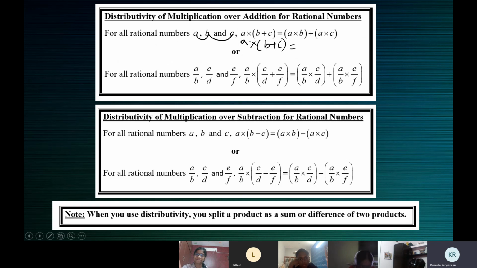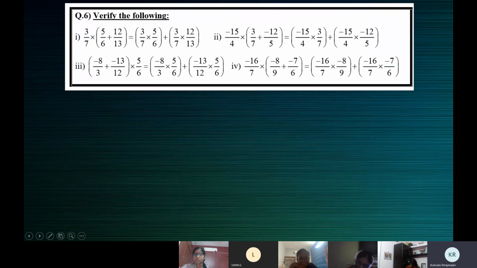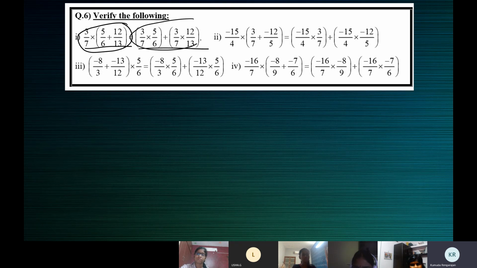But now when we apply this, see here, verify. This is the LHS, this is the RHS. When you verify, whatever you get here, you will get the same answer here. So that means the property is true.